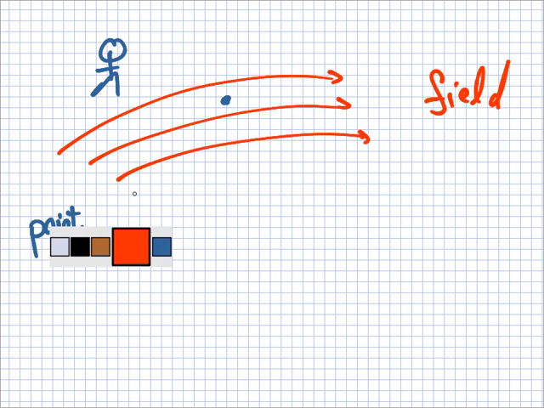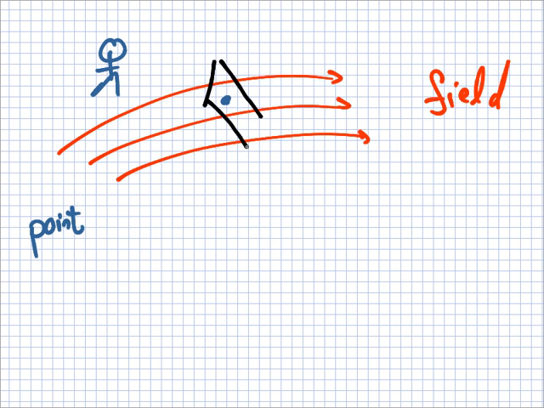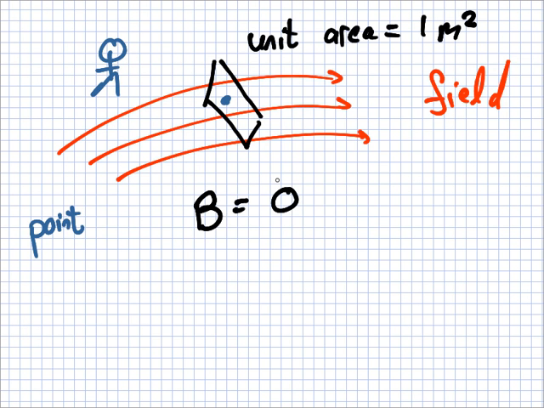What we do is we draw a plane which is a unit area. If we're using meters, that would make it 1 meter squared. So the magnetic flux density is just the number of field lines per area.